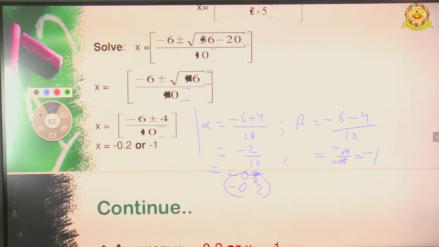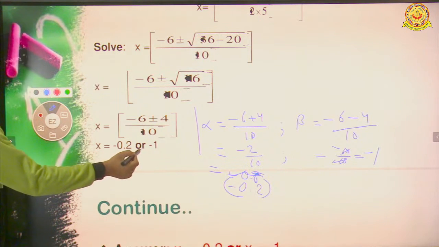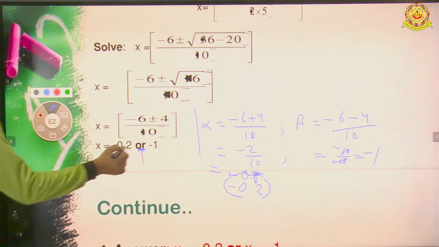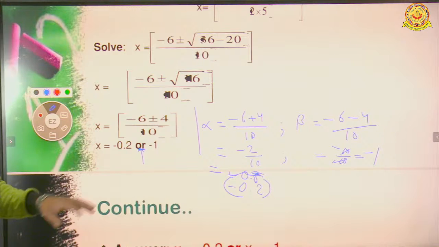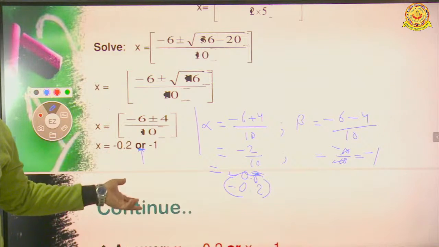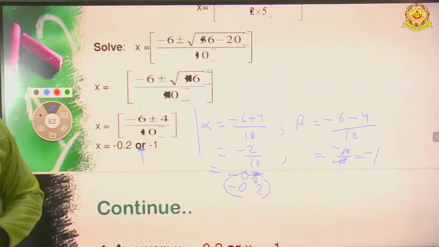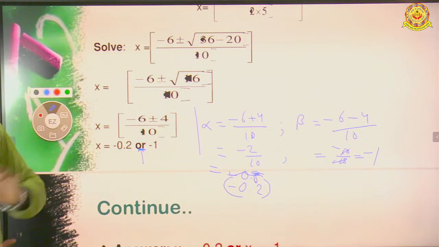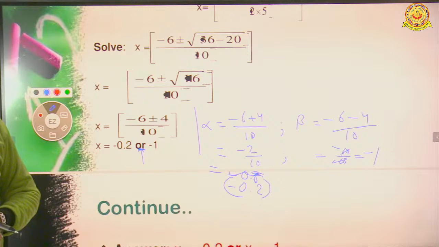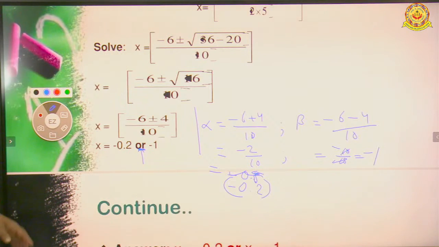Is it clear? Minus 0.2 or minus 1. What does it mean? That means the solution can be minus 0.2 or minus 1. So if we replace this x value by minus 0.2 and minus 1, the solution will be 0. Let's check it.